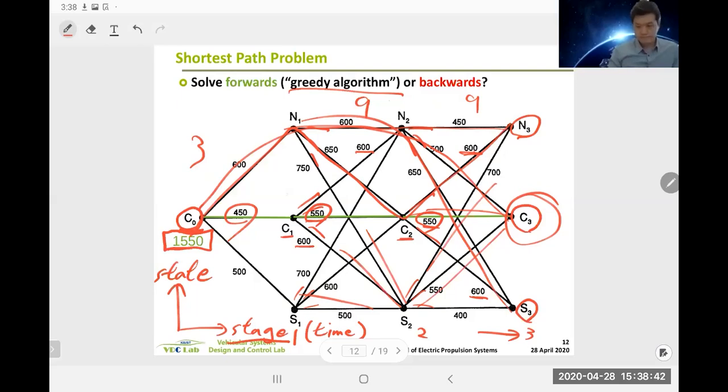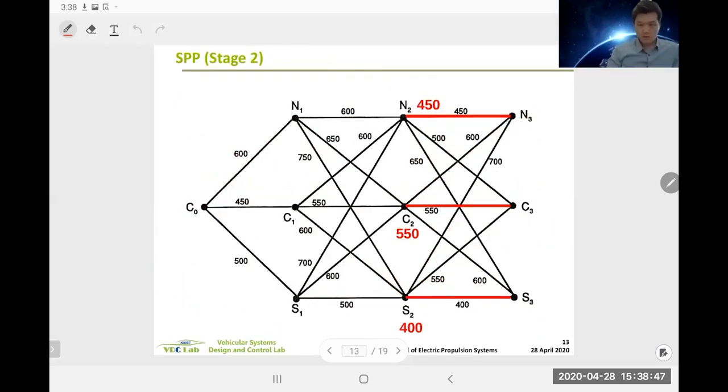So there are many combinations, and we can do this more efficiently. Based on the principle of optimality, we can solve this more efficiently. Let's take a look.